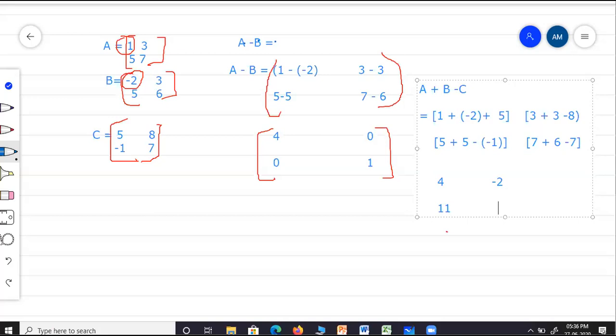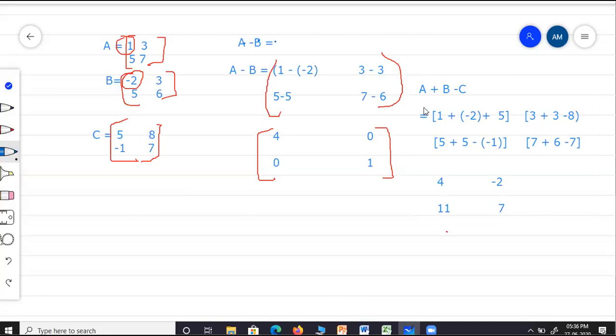So this is the answer. I hope now it is clear. Okay, and you have to complete these brackets. You can use square brackets, curly brackets, whatever you want.